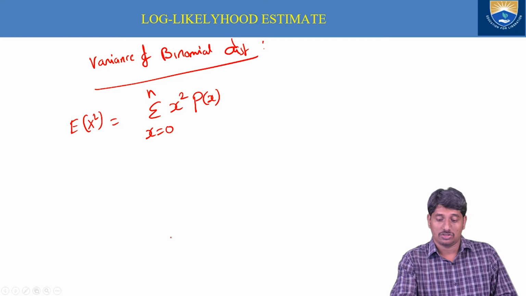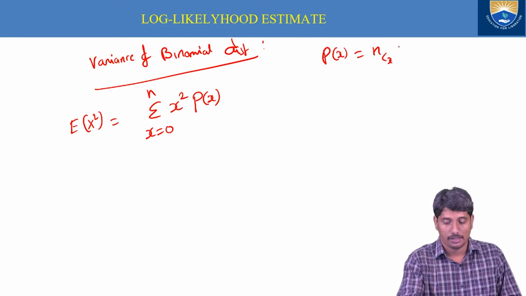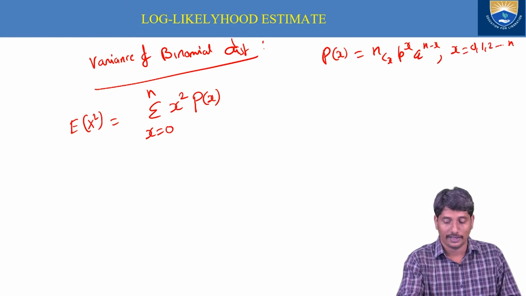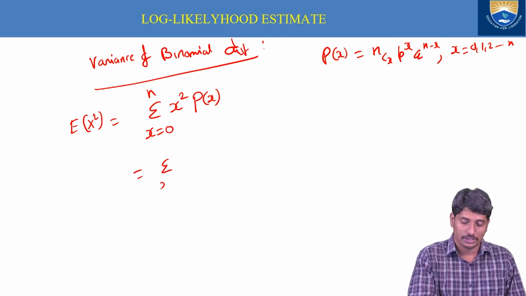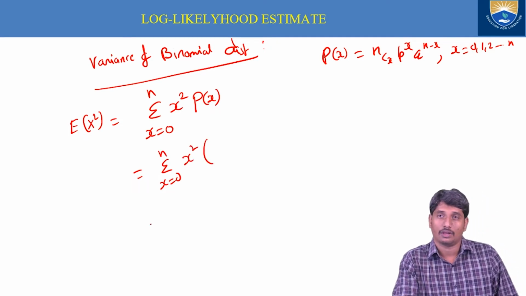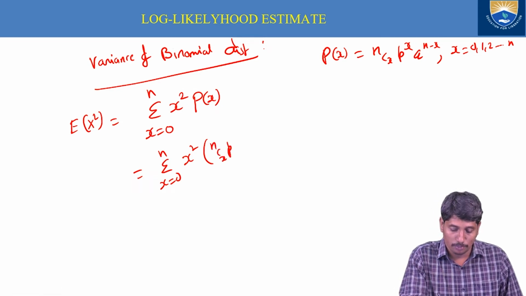Because I told you the binomial function is nCx p power x q power n minus x, x is equal to 0, 1, 2, and so on up to n. So I have written this formula: summation x is equal to 0 to n, x square into p of x, which means nCx small p power x q power n minus x.